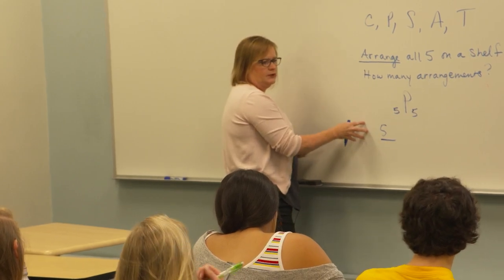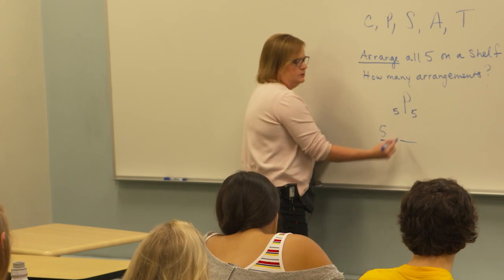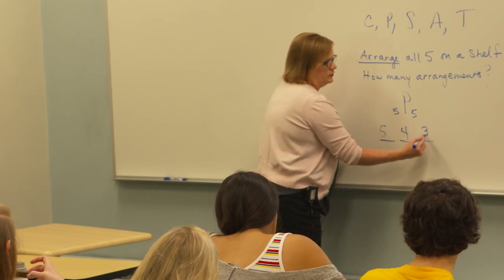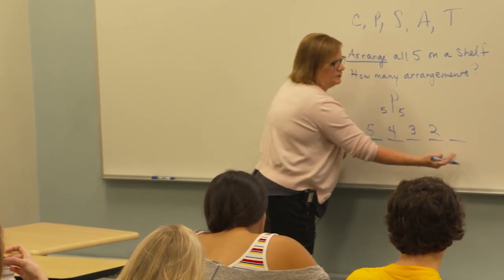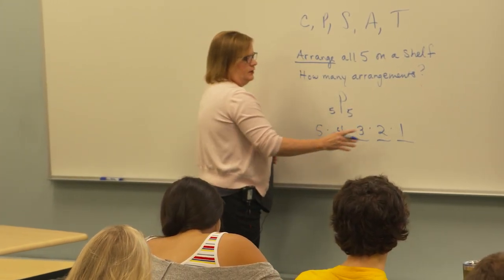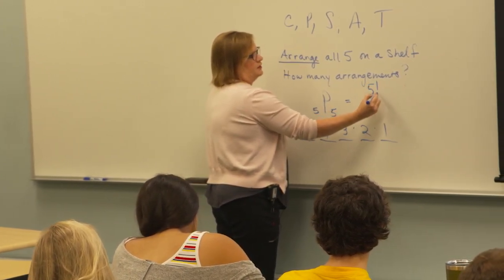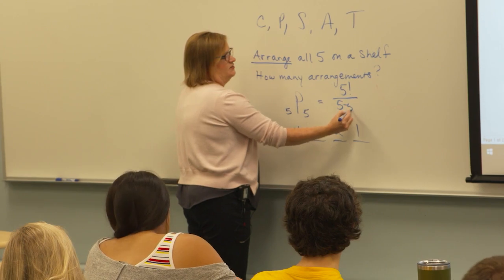Well, once you put one there, you can't use it again, so now you only have, right, 4, 3, 2. By the time you get to the end, there's only 1 book left. So that would be fine. You could do it that way. If you notice on the permutation formula, this would be 5 factorial over 5 minus 5.